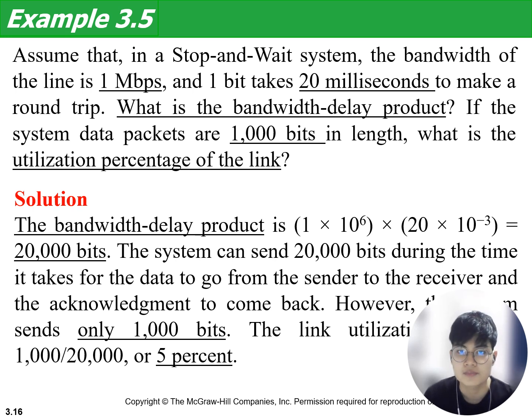The bandwidth-delay product is 1 mega, mega is equal to 10 to the power 6, multiplied by 20 multiplied by 10 to the power minus 3, which is equal to 20,000 bits. The system can send 20,000 bits during the time it takes for the data to go from the sender to the receiver and the acknowledgement to come back.